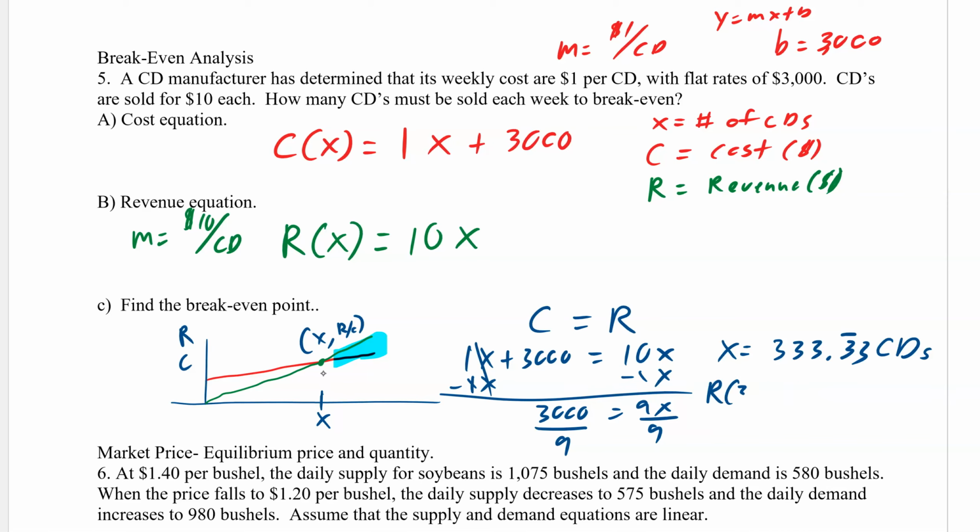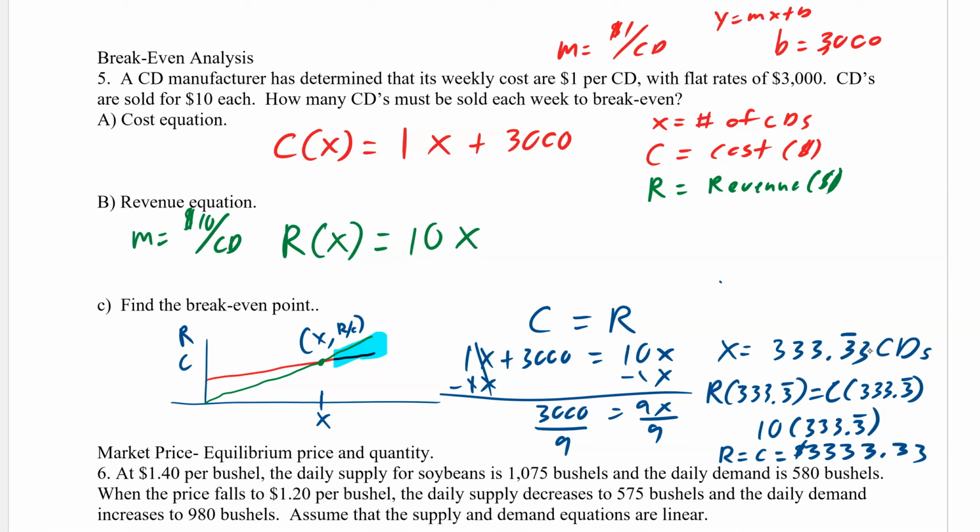The revenue at 333.33 is the same as the cost at 333.33 because that's where they broke even. So you pick either function, it doesn't matter. And so our cost, or revenue or cost, is $3,333.33. So the revenue and cost will be the same at that number of CDs.